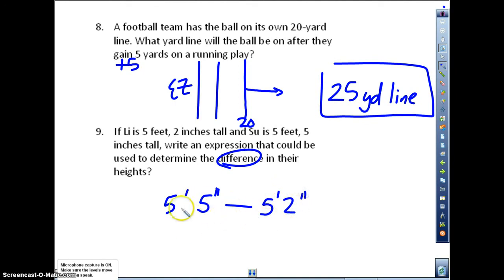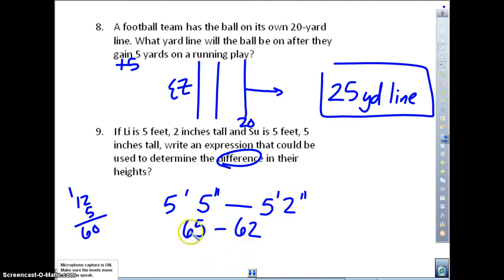But you might want to convert feet into inches. How many inches are in a foot? 12. So if you took 12 times 5, you get 60 inches. So this is really 60 inches plus the 5 more, 65. Subtract 60 inches plus 2 more is 62. Either one of those. This is probably the one I would go with.